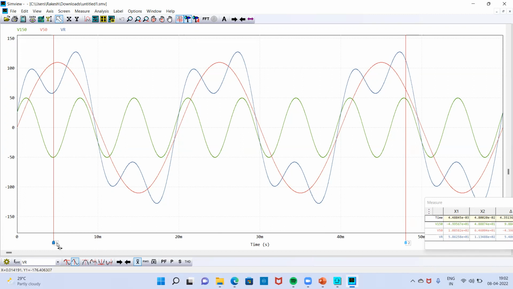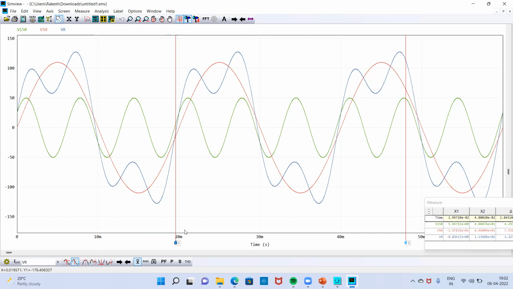In a similar way, at every instant, these two waveforms, 50 hertz and 150 hertz, are added, and I am going to get this waveform, which is not a sinusoidal waveform.